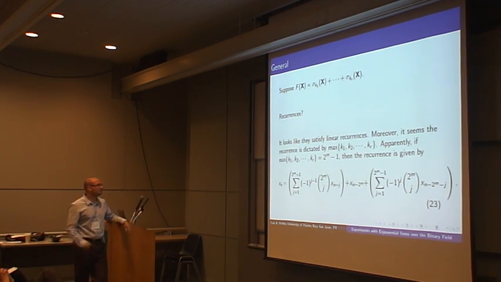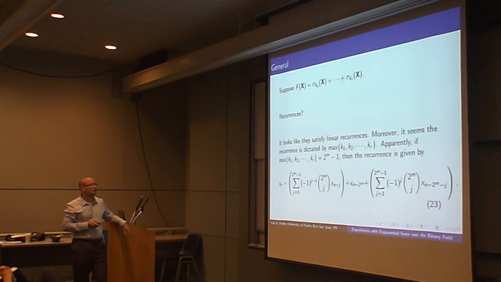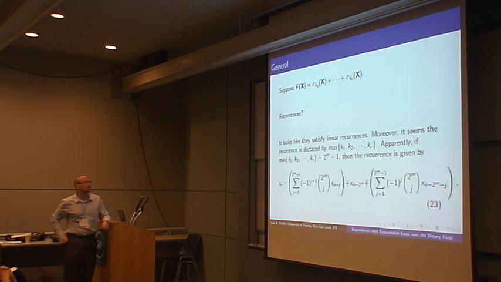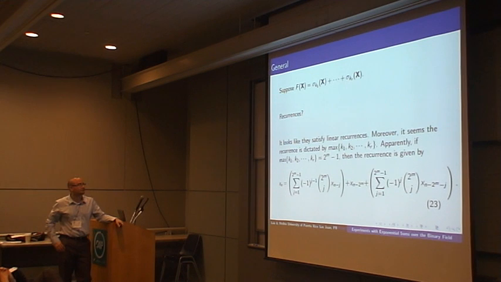But it seems that the recurrence is actually dictated by the maximum of the degrees that we have. And in this case, for example, if the maximum degree is a power of 2 minus 1, then the recurrence seems to be this ugly thing. Enough with that. Now it's time for the computer to do the job for me.